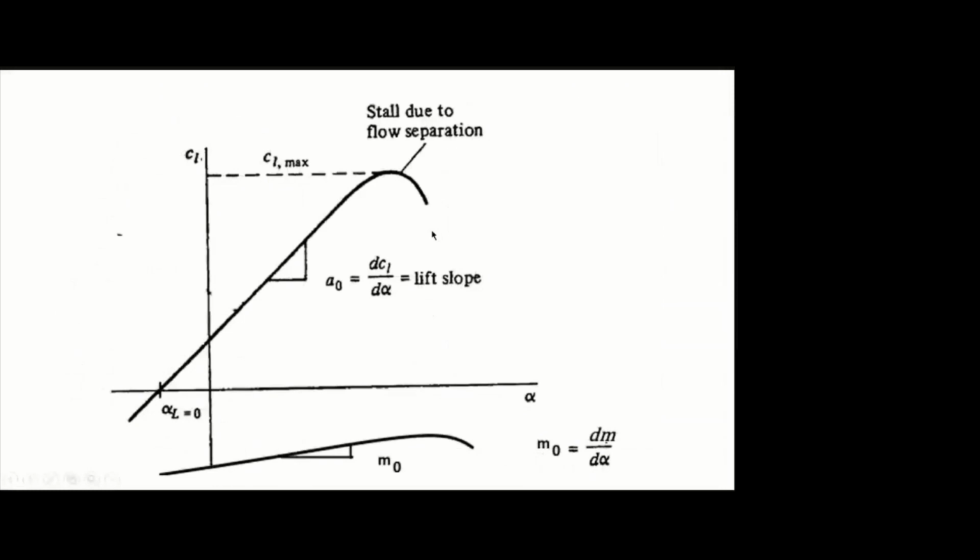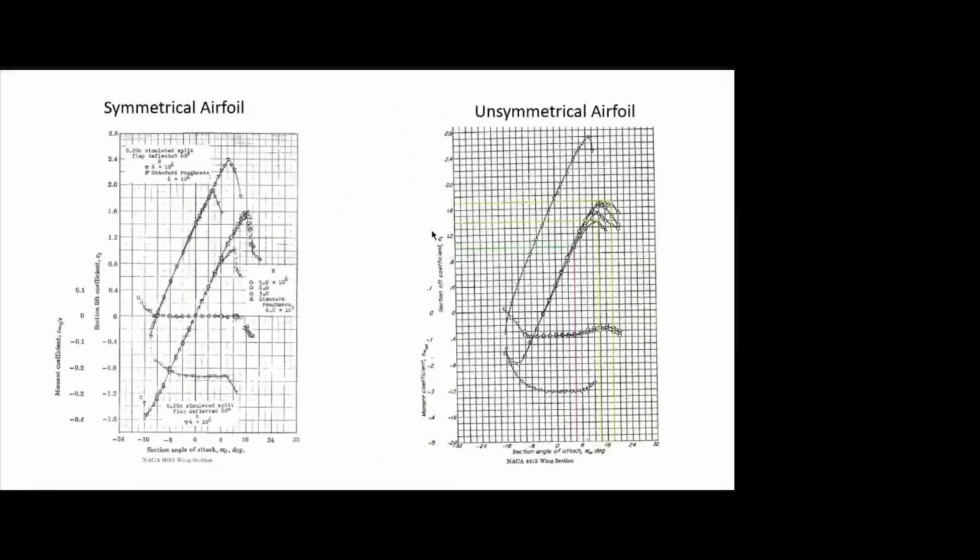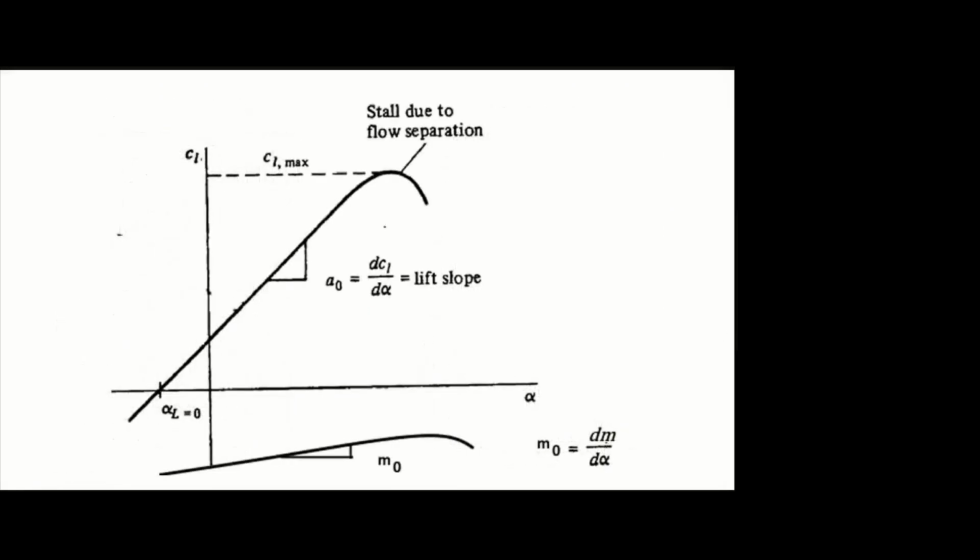So now we will go to the derivation of aerodynamic center. Before that, this is one basic. This is the CL curve, and this is the CM curve. Within the stalling angle of attack, it will be like a linear line, so we can find the slope of the line.